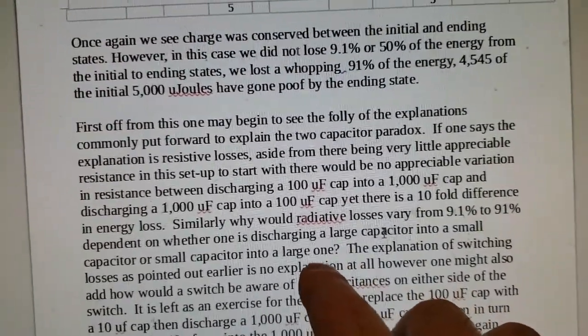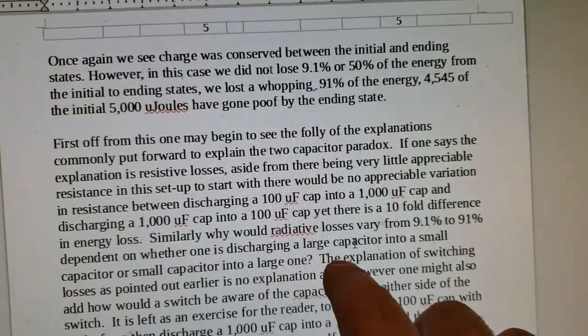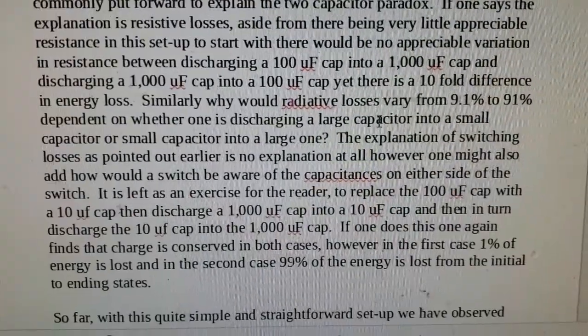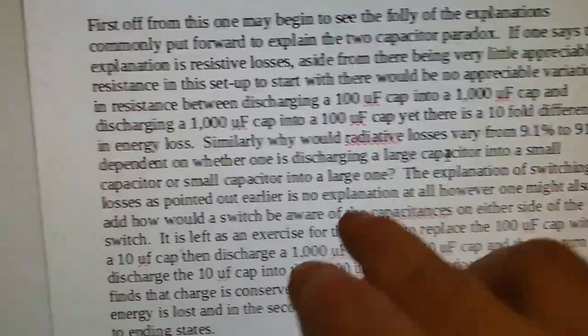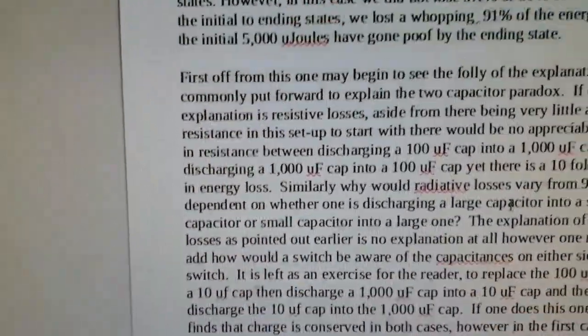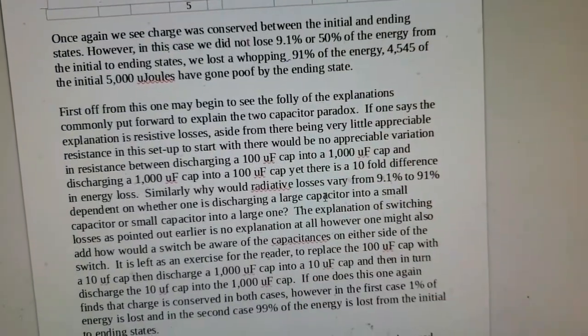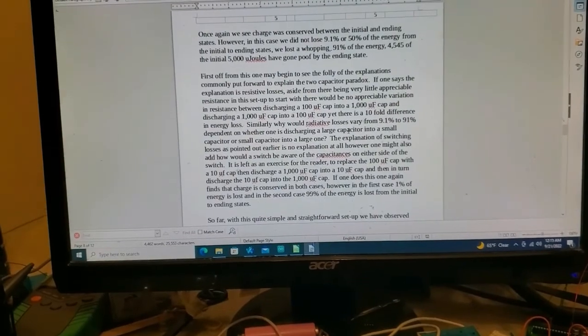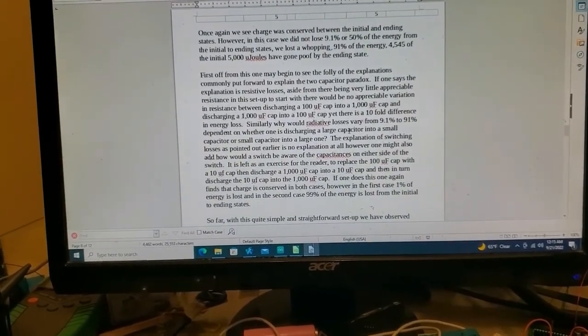Finally, another explanation that they put out there is switching losses. That somehow with the switching there's a loss. And that sounds really nice, but what the hell does that mean?